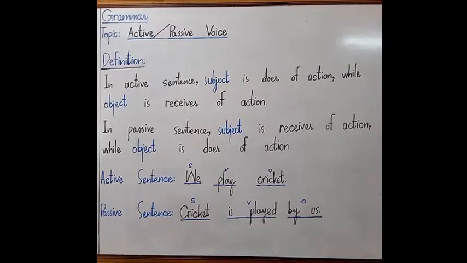So before we go ahead and I tell you the reasons and rules of passive voice, I'll tell you the definition of it. What are active and passive sentences? In an active sentence, the subject is the doer of the action while the object is the receiver of the action.